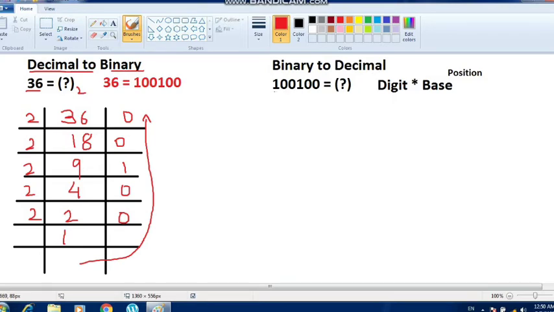So I am going to convert the same number which I got here. Let's see whether we get the answer 36 or not. For converting the number from binary to decimal, we need to write the number and we have to define its position. The position will start from 0 and it will go till the length of the number. So let's write here like this: 1 0 0 1 0 0.